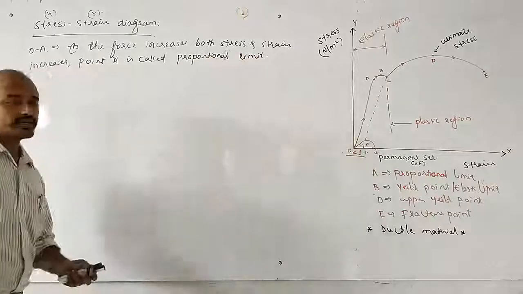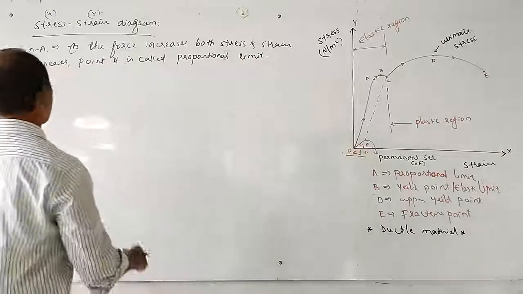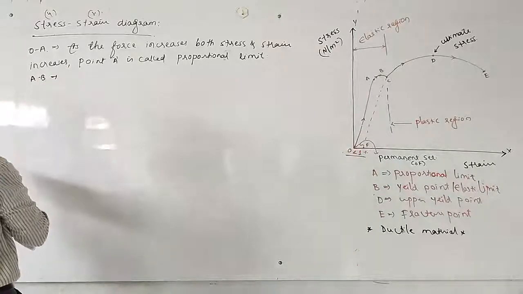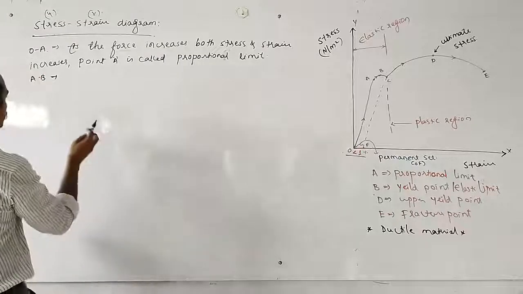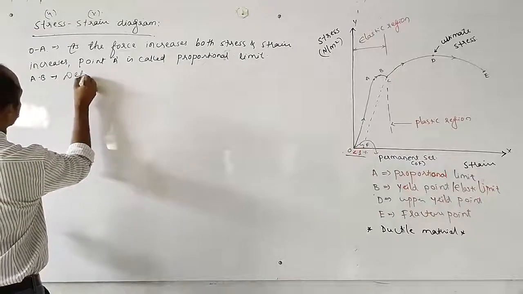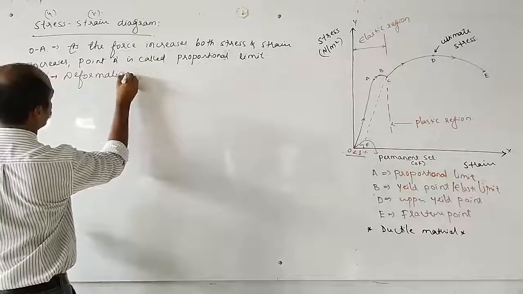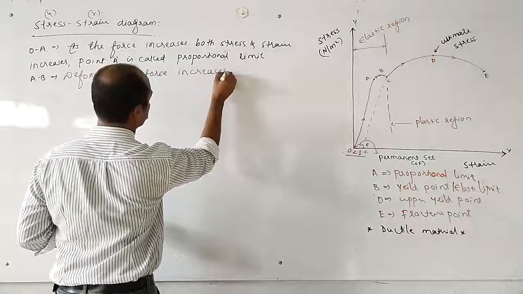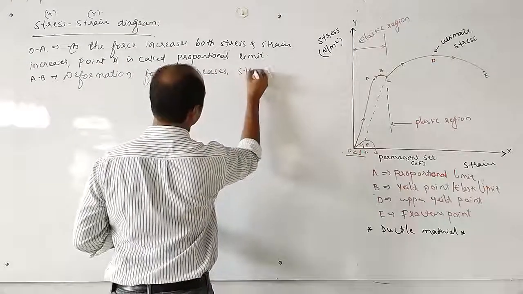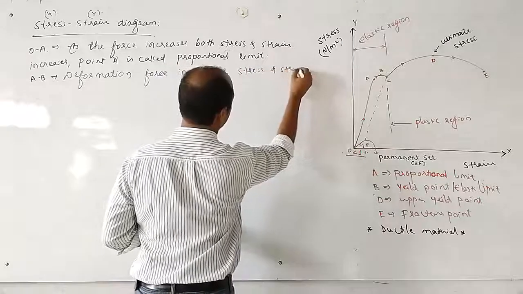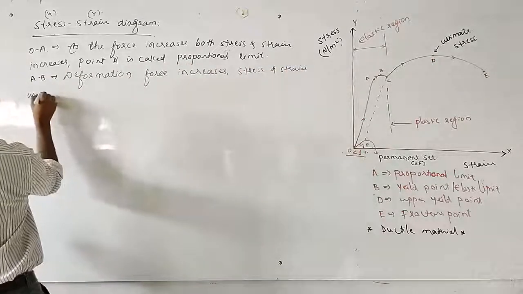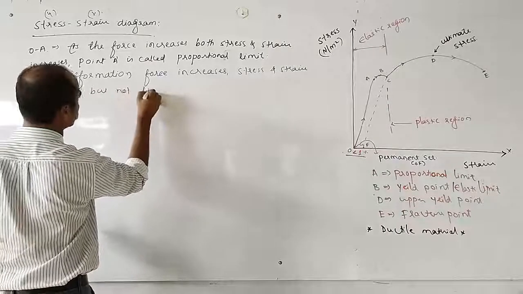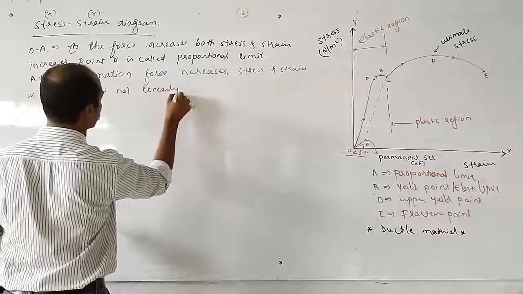So up to A, I can say that stress and strain are directly proportional to each other. Then further, between A and B, as the deformation force increases, stress and strain increase, but not linearly, right?